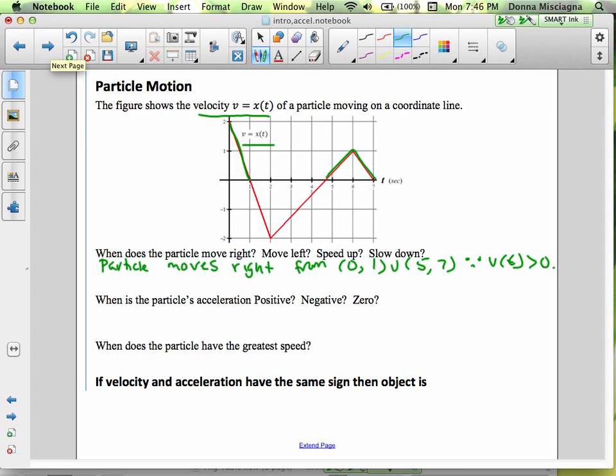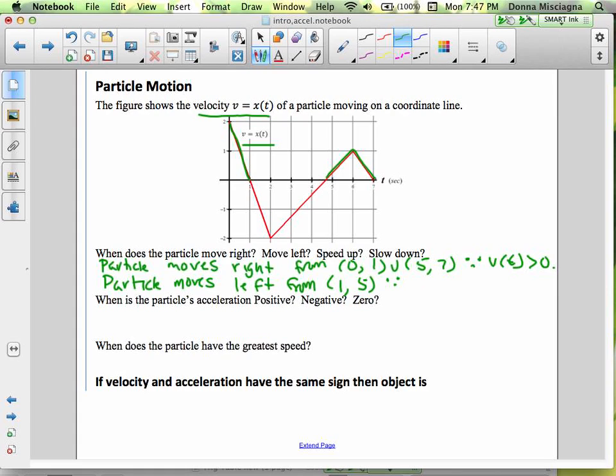All right, so now let's figure out where our particle is moving left. Well, everywhere else it's moving left. All those places it was below the x-axis. So particle moves left from 1 to 5.